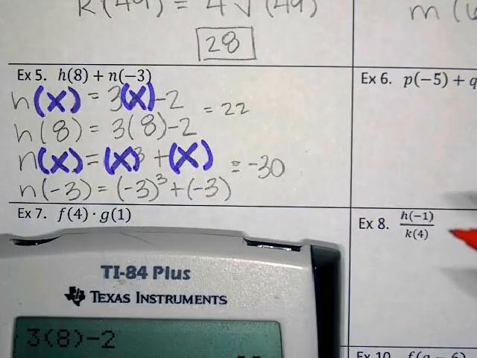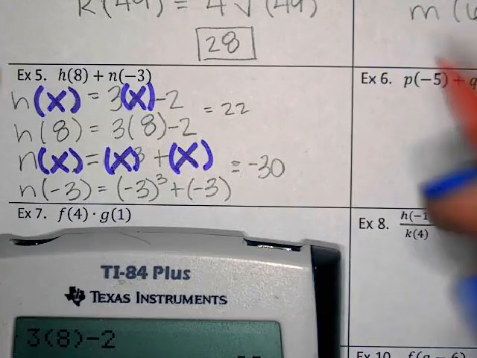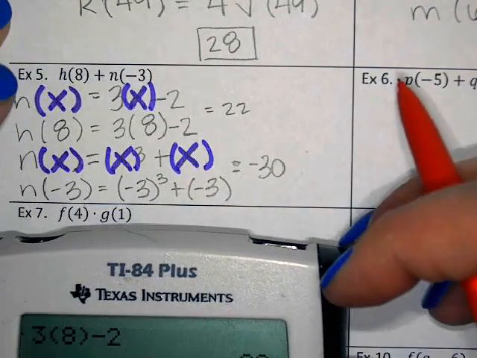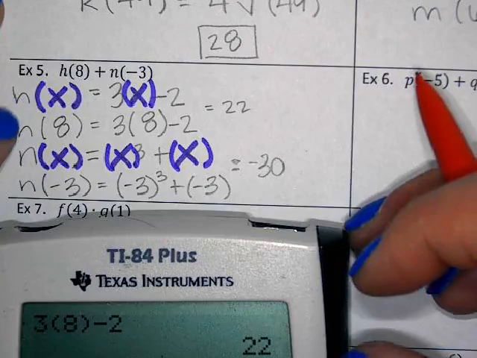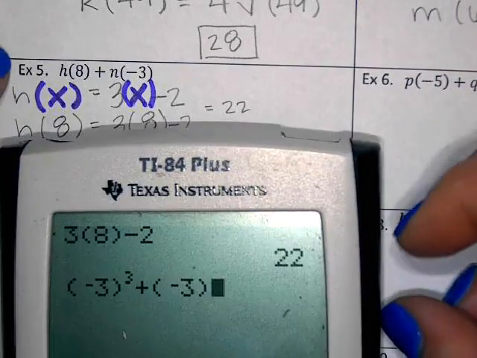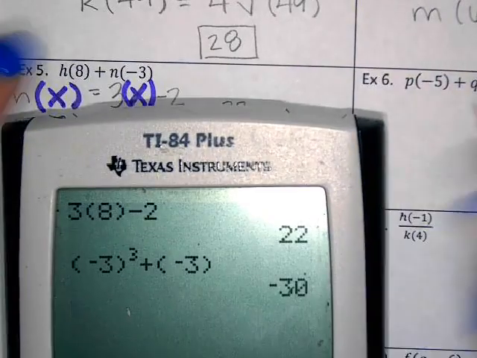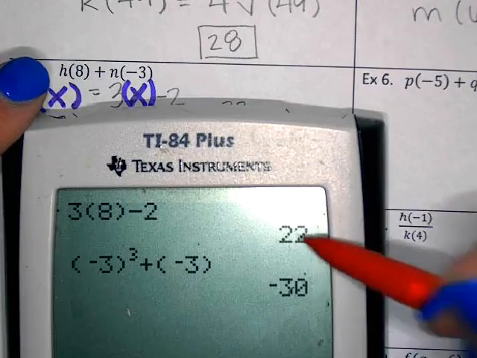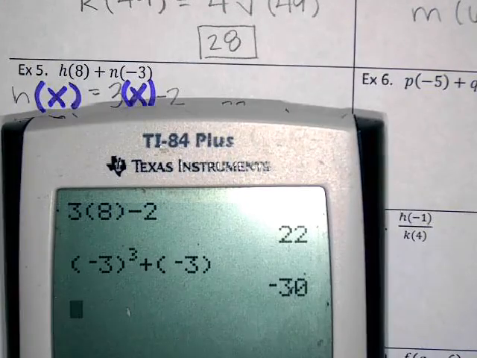Negative 3 to the third plus negative 3. Anyone else get negative 30? Yeah? Okay. And then we have to take these two answers, we have to add them together. So 22 plus negative 30, what does that give you? Negative 8.